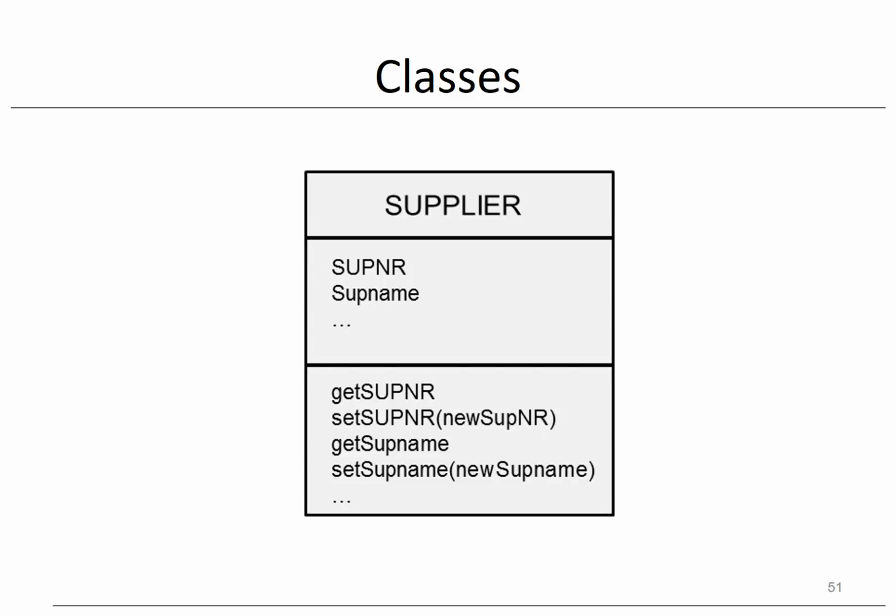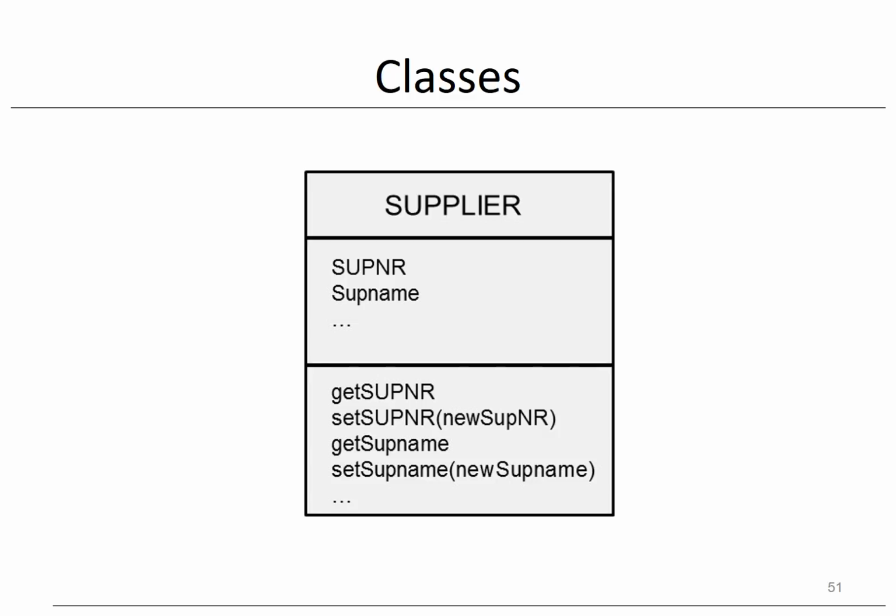In a UML class diagram, a class is represented as a rectangle with 3 sections. This figure illustrates a UML class supplier. In the upper part, the name of the class is mentioned, supplier. In the middle part, the variables, such as supplier number, supplier name.